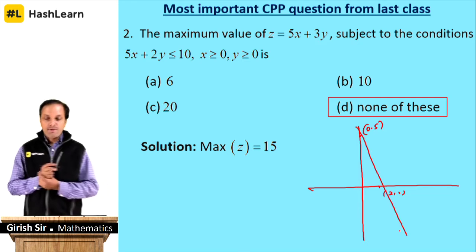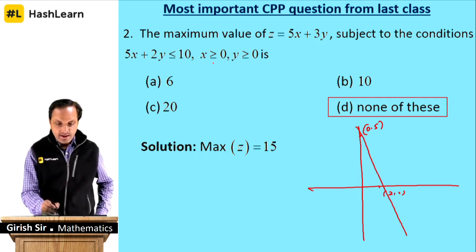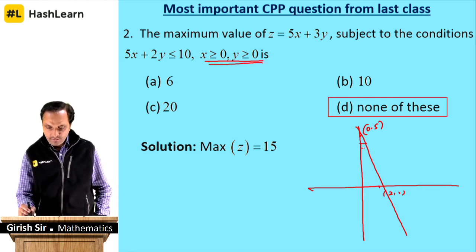So this is what if you draw, greater than 0, less than 0, this is the part which you need to shade.